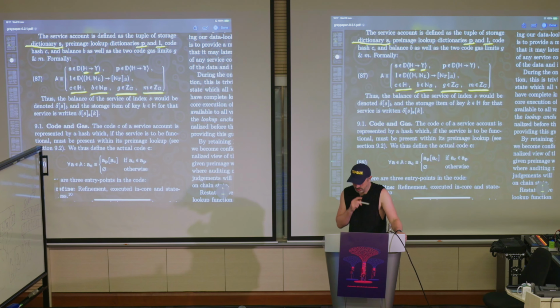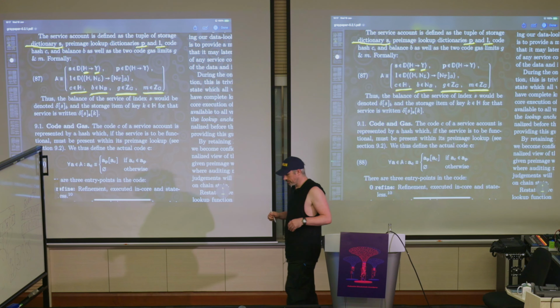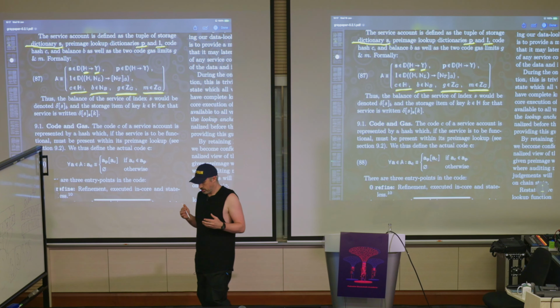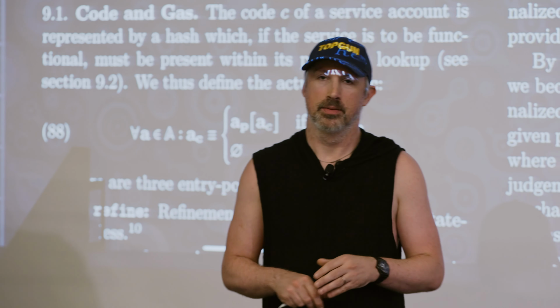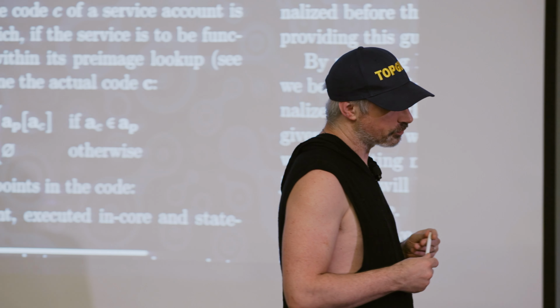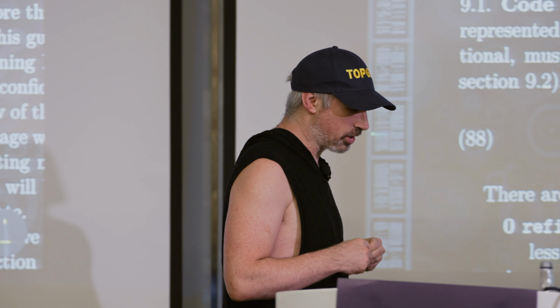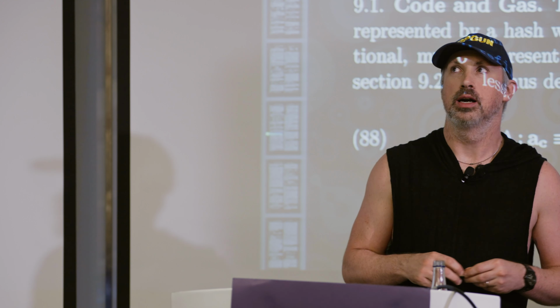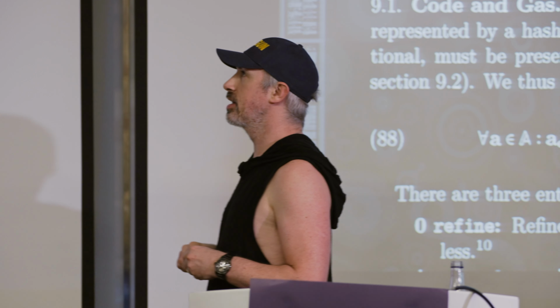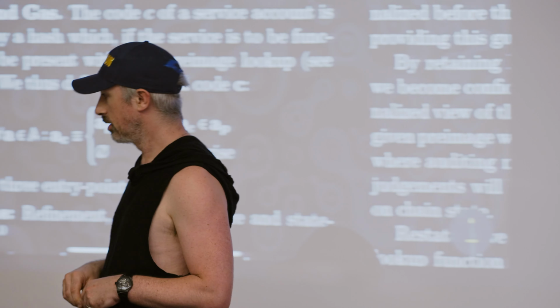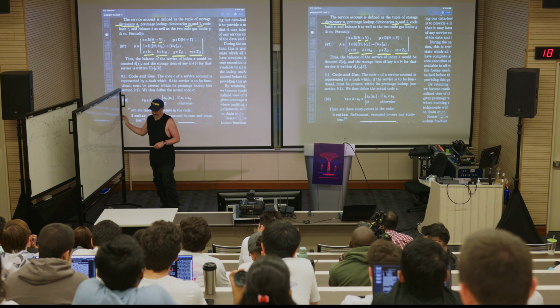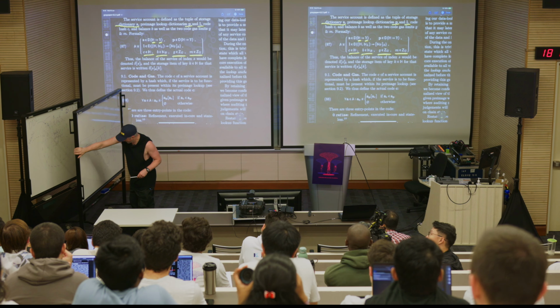As I mentioned before, there is an on-chain facility by which services can request a particular hash's pre-image to be available in the refine stage.